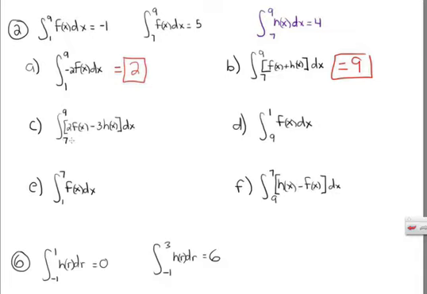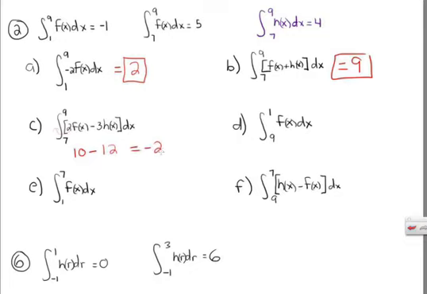Part C is pretty much the same thing. We've got 2f of x, so we know that the integral from 7 to 9 of f of x is 5. So twice that area, again thinking of that coming out of the integral, is 10. Minus now the integral of 3h of x, which is 4 times 3, which is 12.